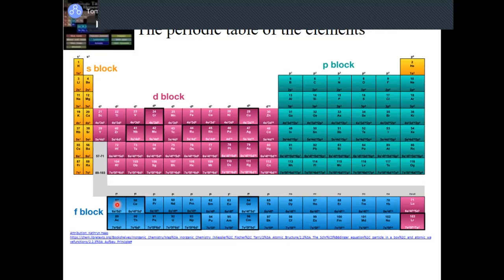So the periodic table is basically the alphabet of the inorganic chemists. Therefore, in this class, I would like you to know all the elements, the element symbols, and also their position in the periodic table. That is a little bit of a memorization effort.